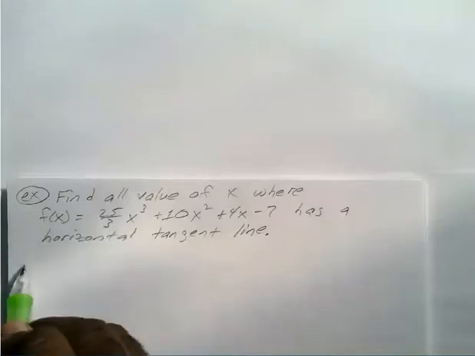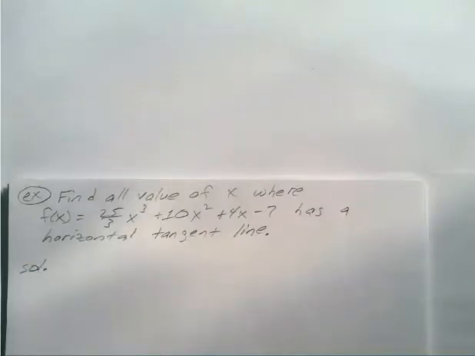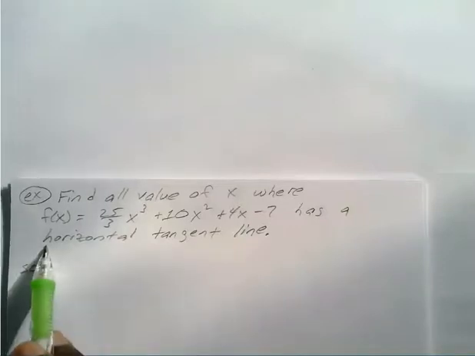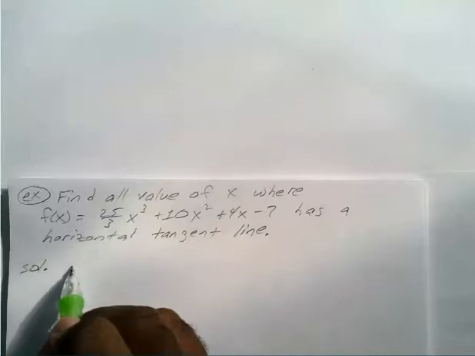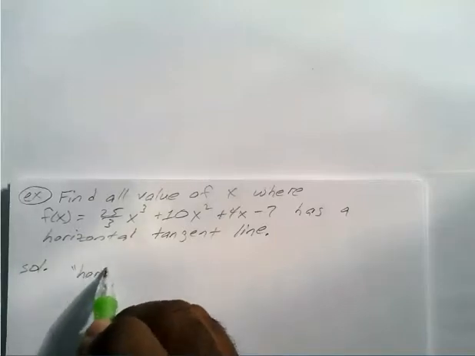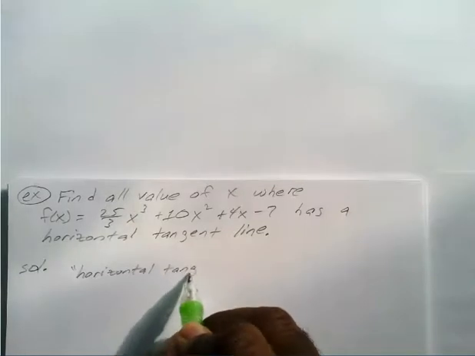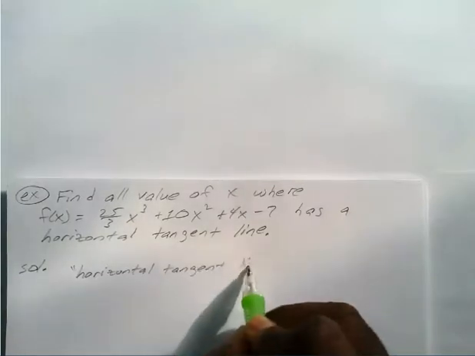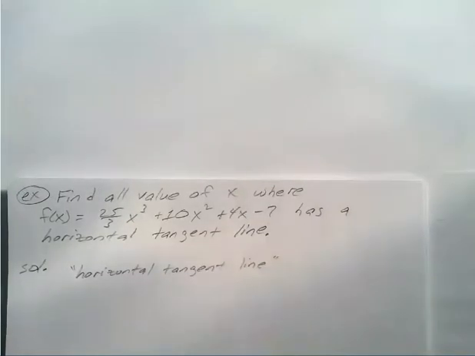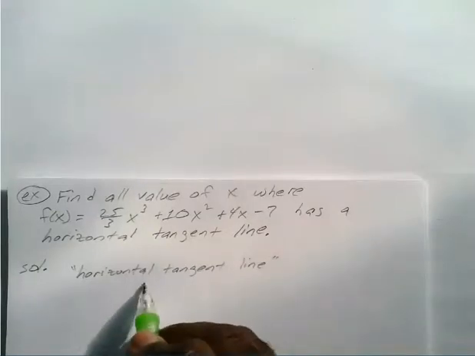Alright, so first thing we want to do is know exactly what it is we're looking for. And that's getting an understanding of what they mean by a horizontal tangent line. A horizontal tangent line is really where the slope is equal to 0. That's about the simplest way to explain it.